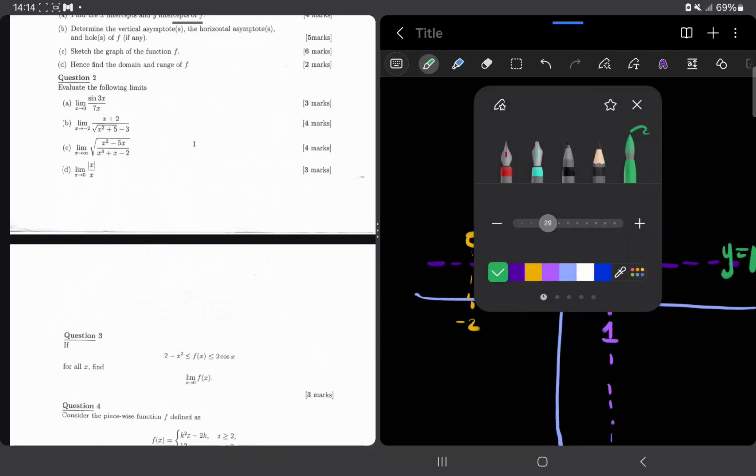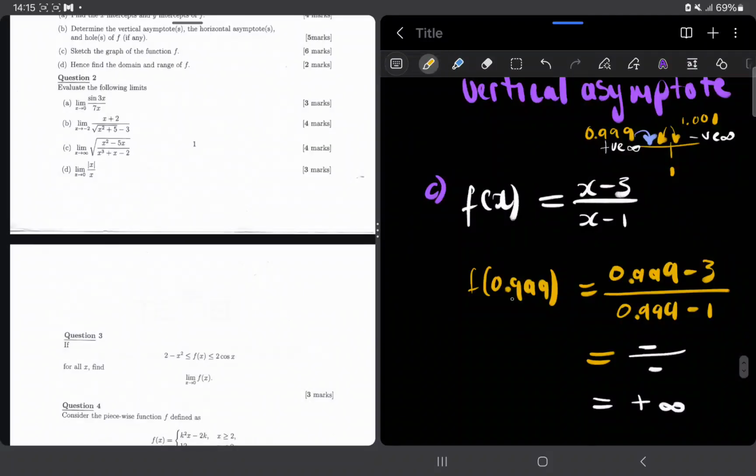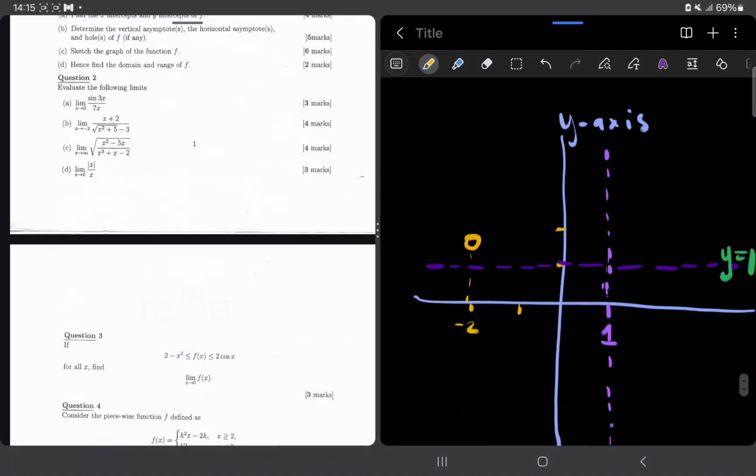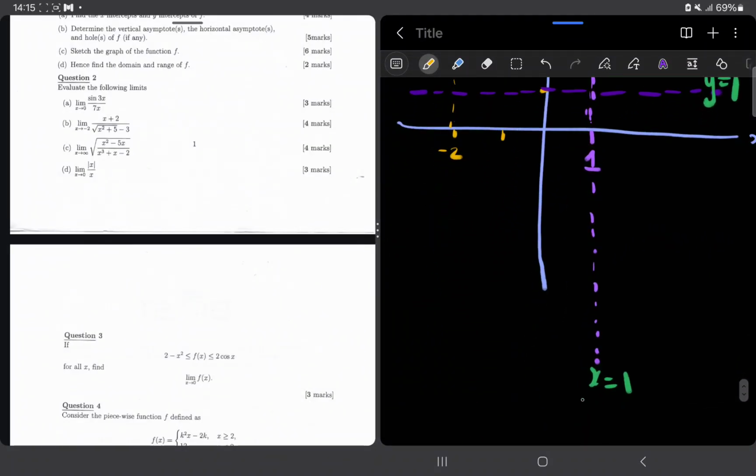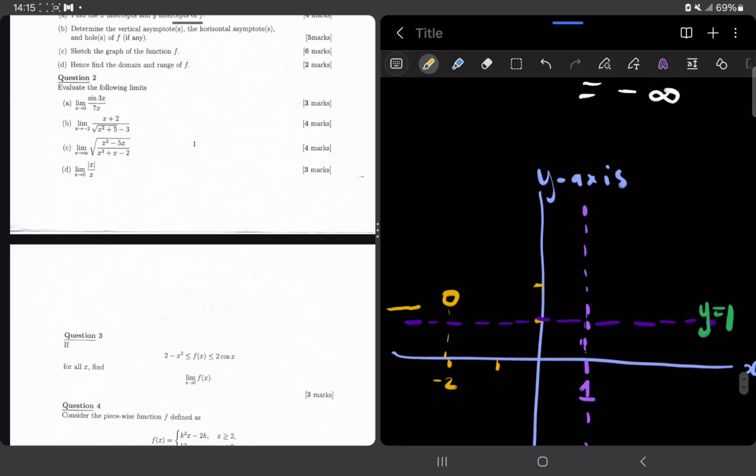Now we know that just before 0.999, the function is going towards positive infinity. Just before the vertical asymptote, it's going to come like this. Remember that the horizontal line is also an asymptote, so it's going to be close to it, then pass through the hole, of course.